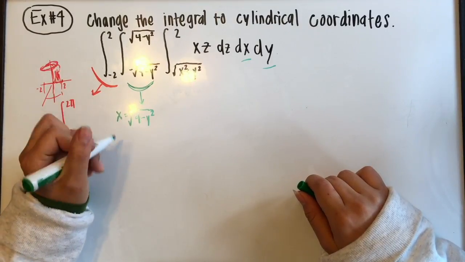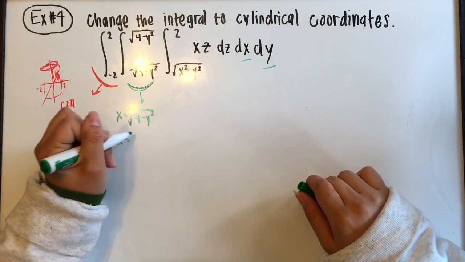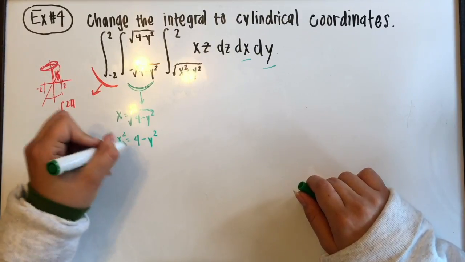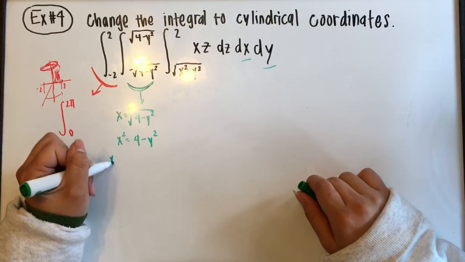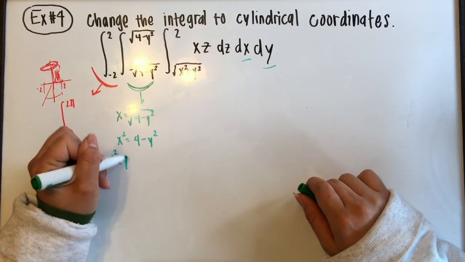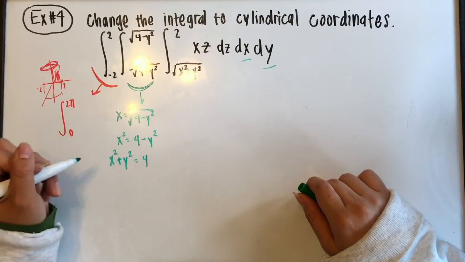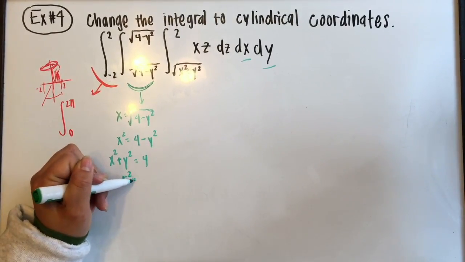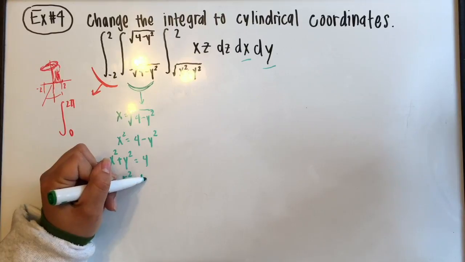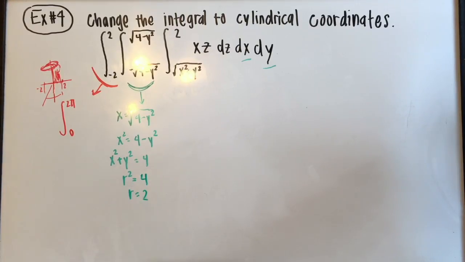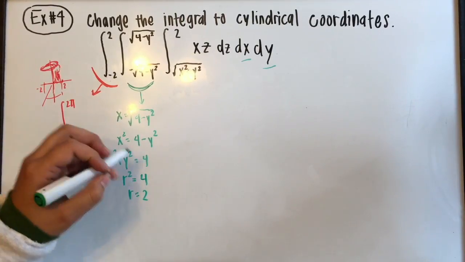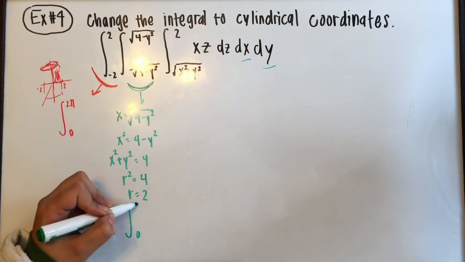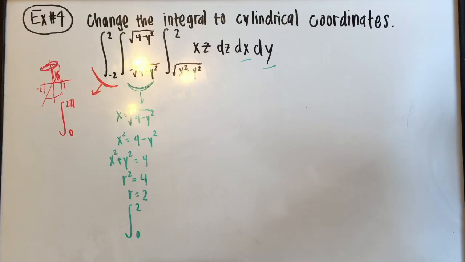So when we square both sides, we get x squared equals 4 minus y squared. You see what we're going at here? So this would be x squared plus y squared equals 4, which is our r squared. So then our r just equals 2. So our integral of r would be from 0 to 2. Okay?